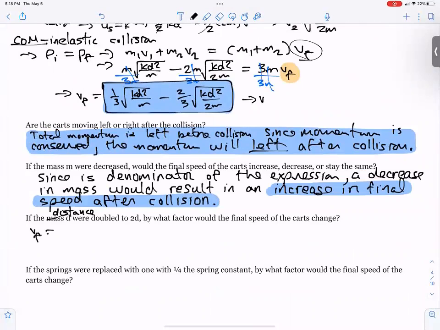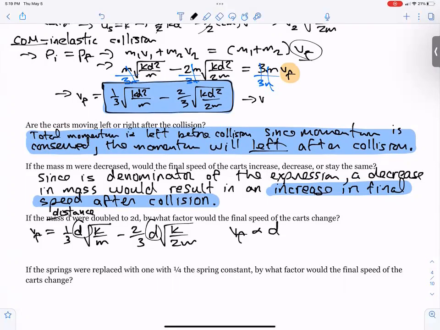So v final would be 1/3. I could pop out a distance there because the square root of d squared is d. So 1/3 d times the square root of k over m minus 2/3 d times the square root of k over 2m. And you can see, if I factor out a d, what that really means is the final velocity is directly proportional to d, because nothing else would change.